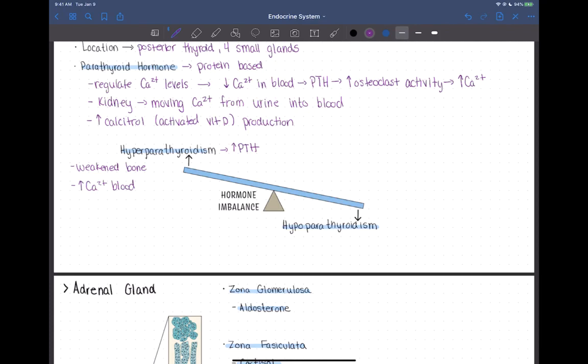And as a result of these high calcium levels in the blood, this would depress the nervous system. Having too much calcium in the blood will depress the nervous system. As a result, there will be muscle weakness from that depressed nervous system and some abnormal reflexes.